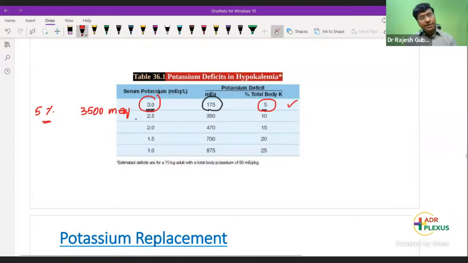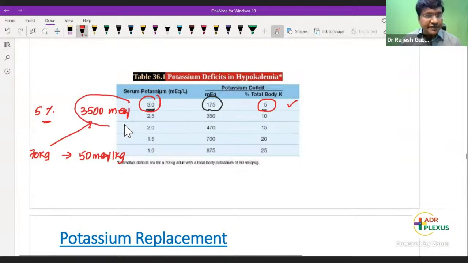So if you take the 70 kg person, what did I tell you? It is around 50 milliequivalents per kg. And for a 70 kg person, what did we discuss?